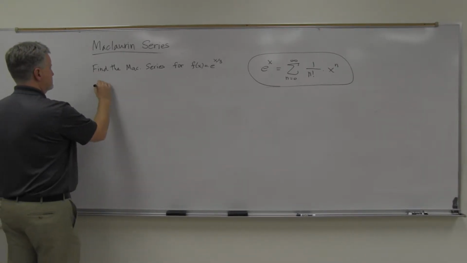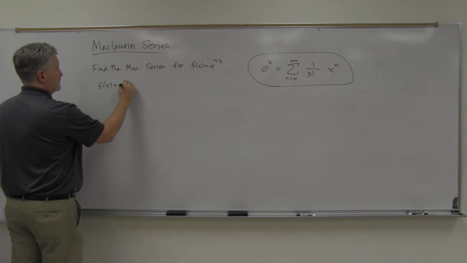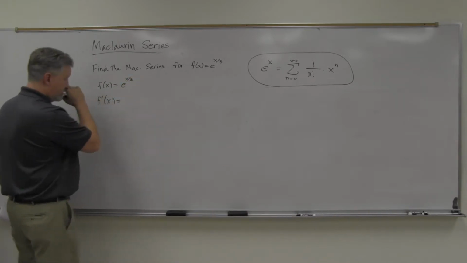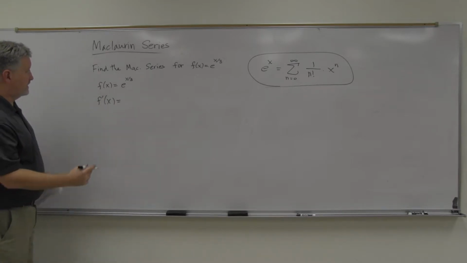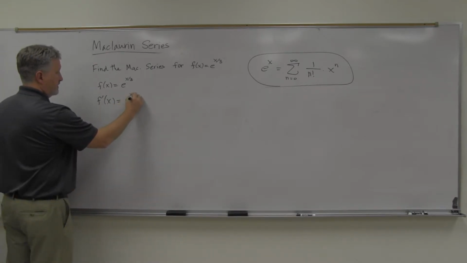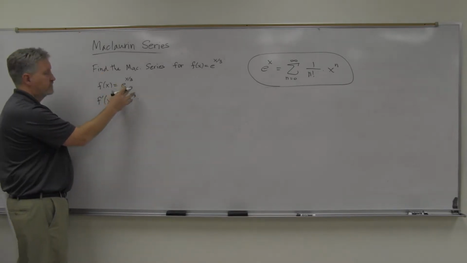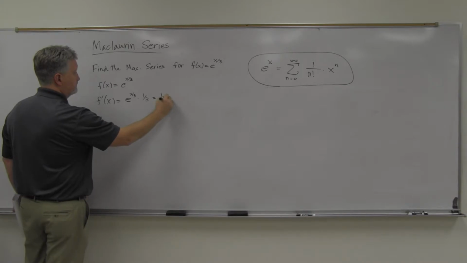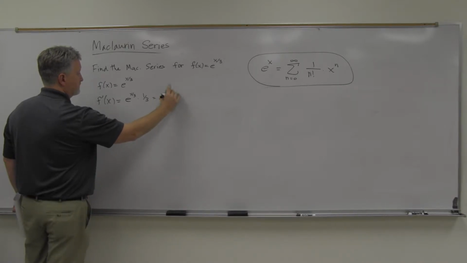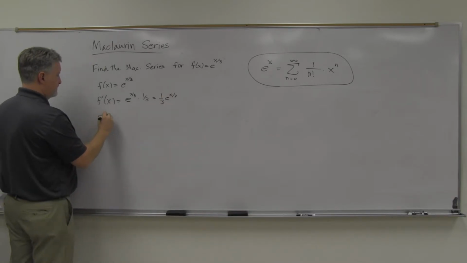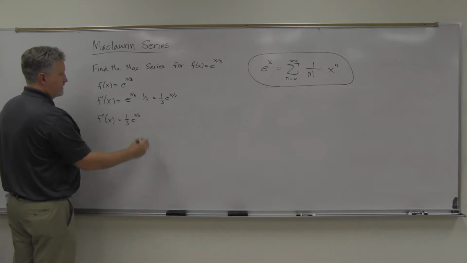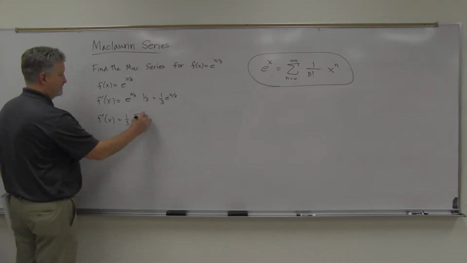Well, the first derivative of that, again, is going to be our chain rule, isn't it? It'll be e to the x over 3 times the derivative of the power, which would be 1/3. So 1/3 e to the x over 3. Second derivative will be 1/3 e to the x over 3 times, again, another 1/3.